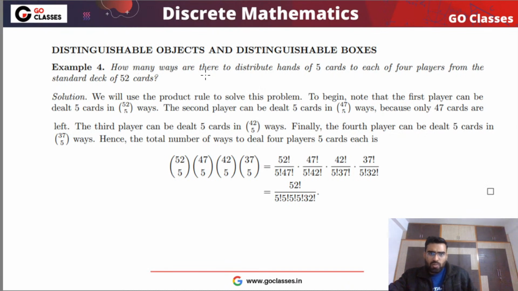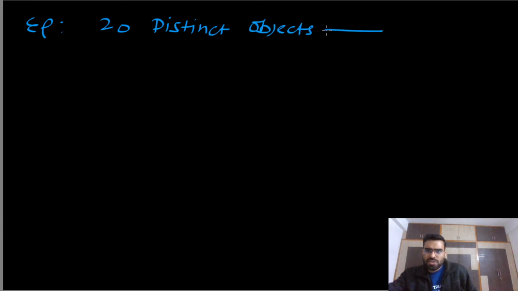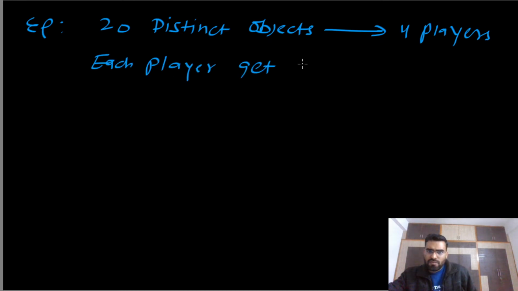For example, let us assume we have 20 different objects, 20 distinct objects, and let's assume you want to distribute them to 4 players, and each player must get 5 objects.